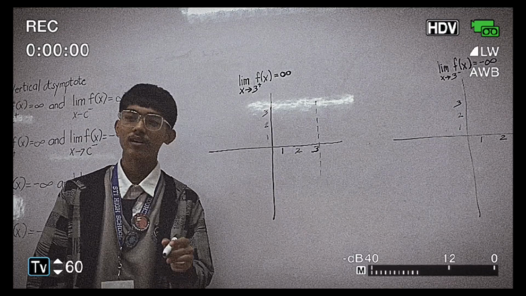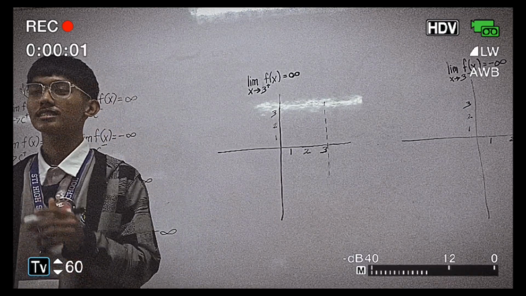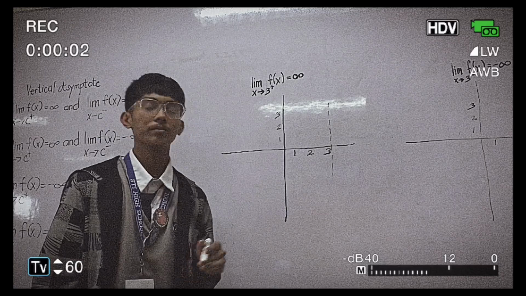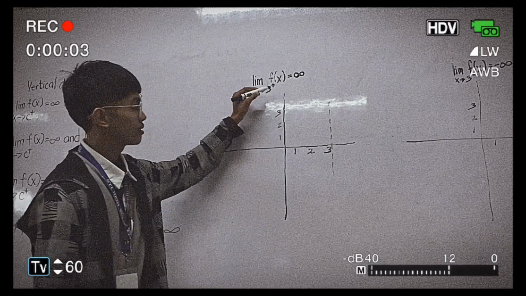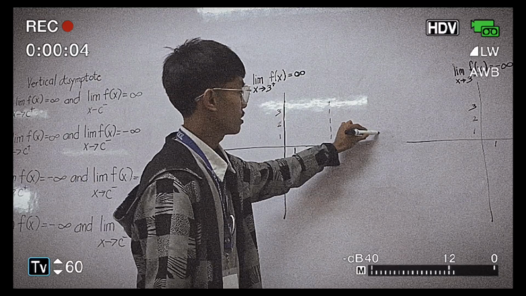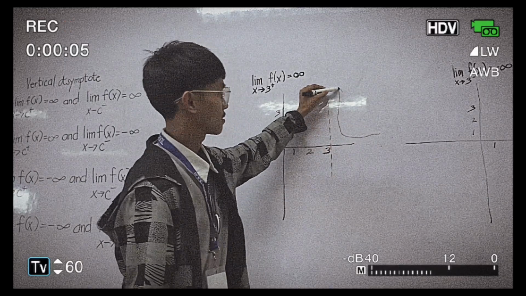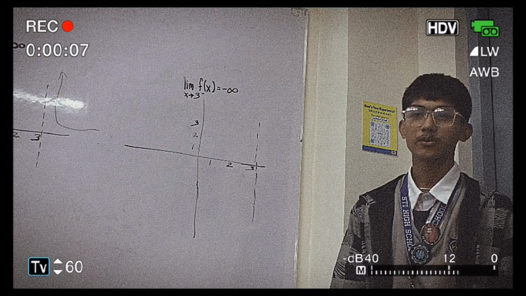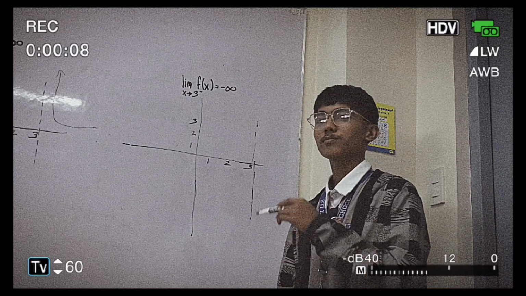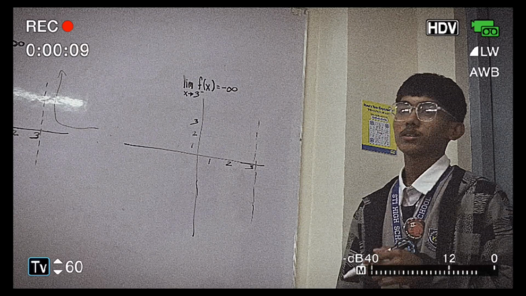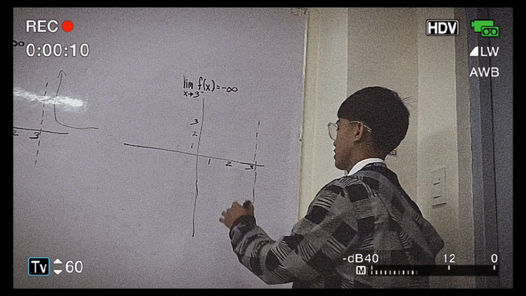Let us have an example. Here you can see that the asymptote comes from the right and goes towards infinity. And let's have another one. Here you can see that the asymptote comes from the left going towards negative infinity.